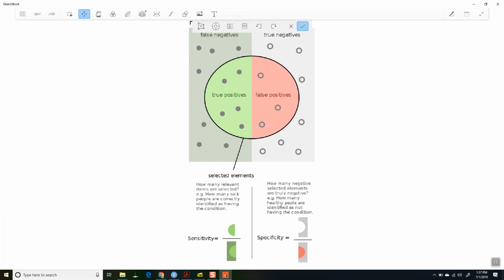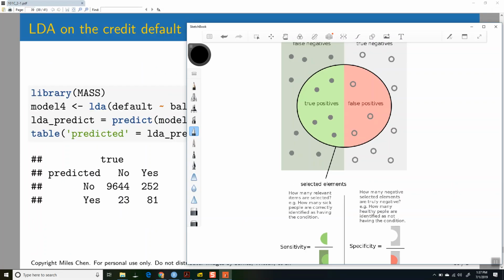All right, great. So what we have here is a total of 333 default, and then 9,667 no defaults, right?